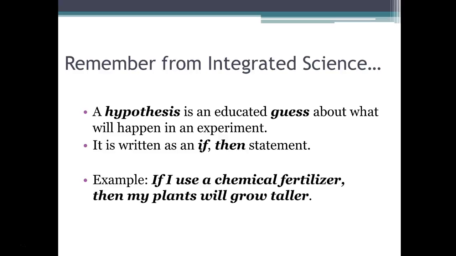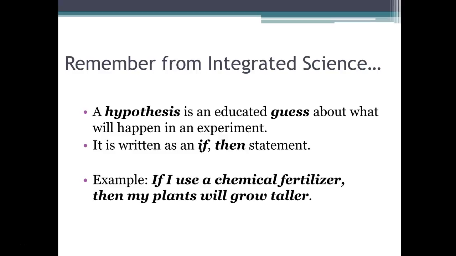But I know that you'll remember that a hypothesis in science, a simple definition for it, would be an educated guess about what you think will happen in an experiment. You could have maybe looked at some data and then made a hypothesis about why the data showed the patterns that it did.